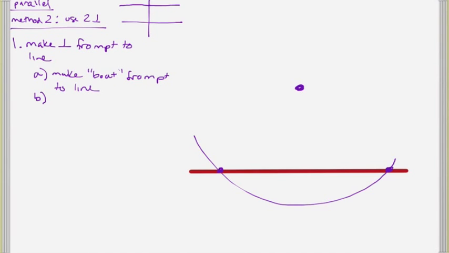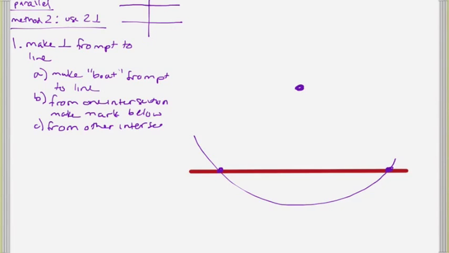So then next we're going to, from one intersection, make a mark below. And then from the other intersection, make, and this is important, the same size mark below.